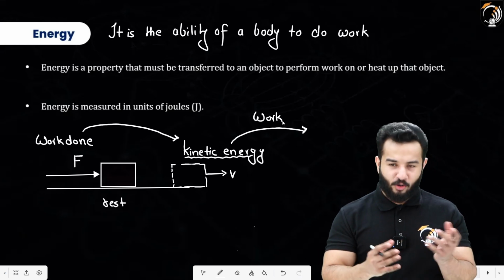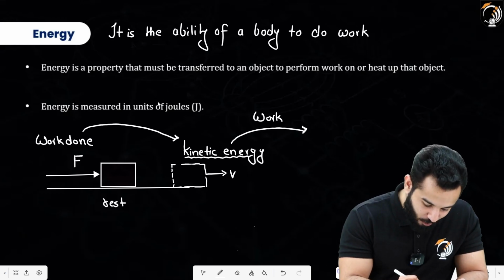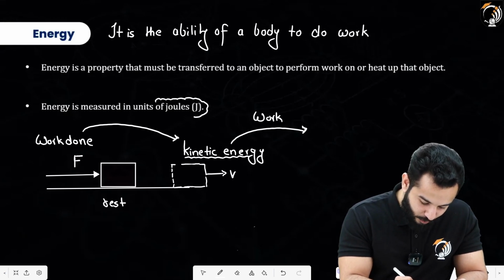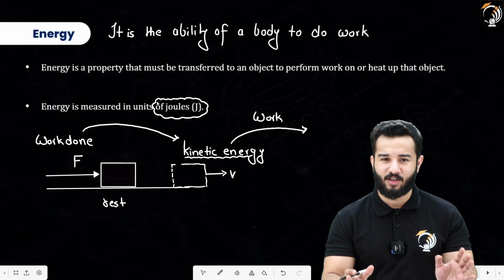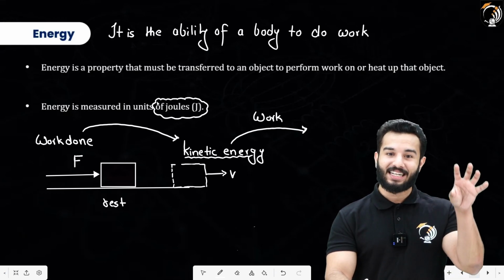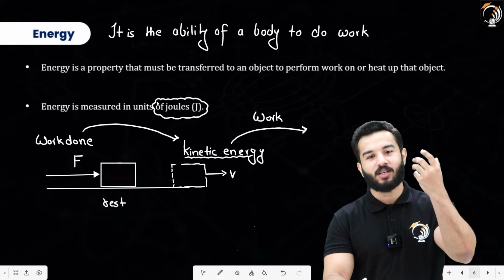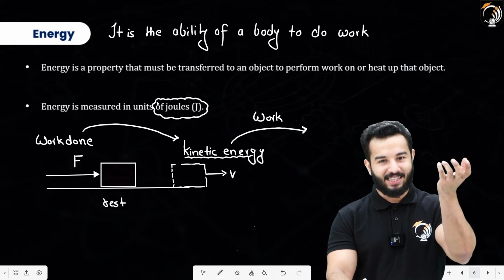Although there are going to be different types of energy, the main point is that its SI unit is going to remain the same as work. It will also be joules, because the formulas are going to be the same. Everything will be the same. It's just a new term, right? Whatever work has been done by the force is now converted into the same quantity with a different name, that is energy.